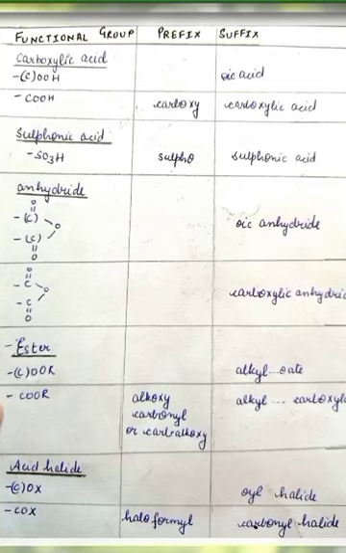Here in carboxylic acid, I have written C with a bracket and C without a bracket. C with a bracket means that this COOH group is a part of carbon chain.